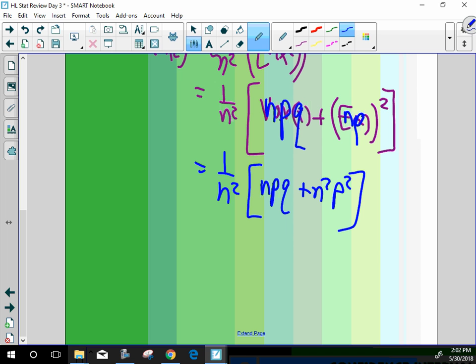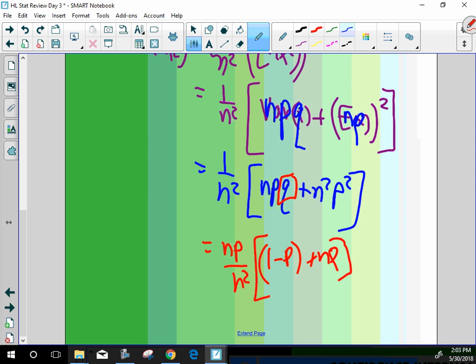Now, it's kind of frustrating because nothing great is going to factor out. You're going to take out an NP over N squared, and what will be left? Q, right? So that's 1 minus P, and then there'll be plus NP.